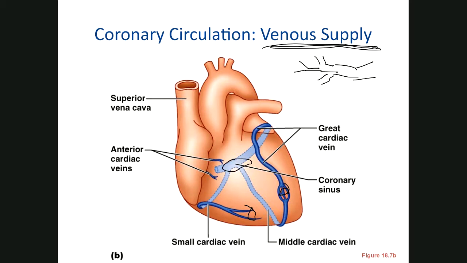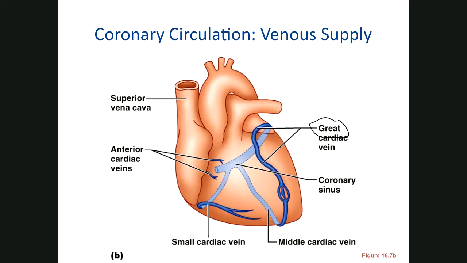Well, the veins have easy names. They're just great, middle, and small. So if we look at them, the great one, great is the biggest. It's going to start here on the anterior side of the heart, and it's going to go up right here.